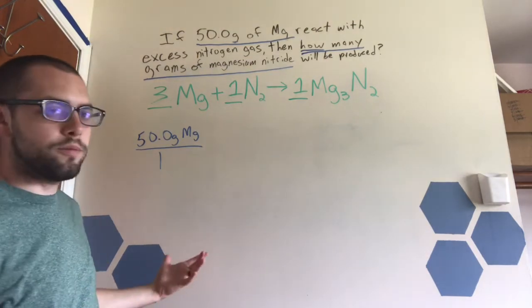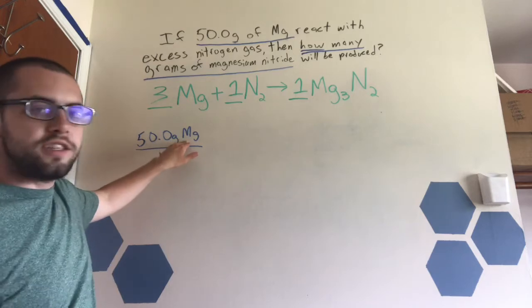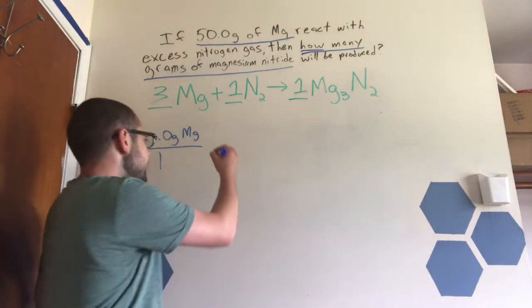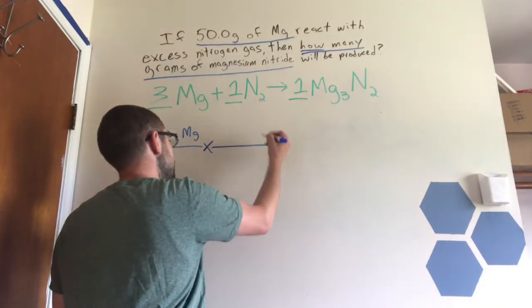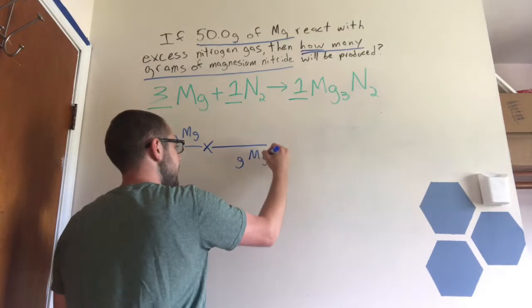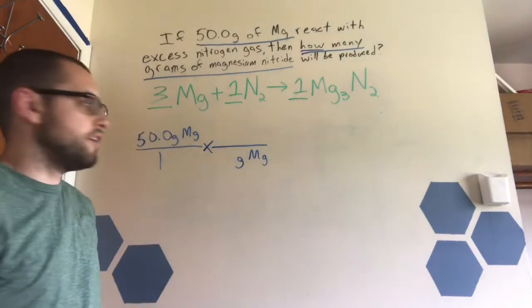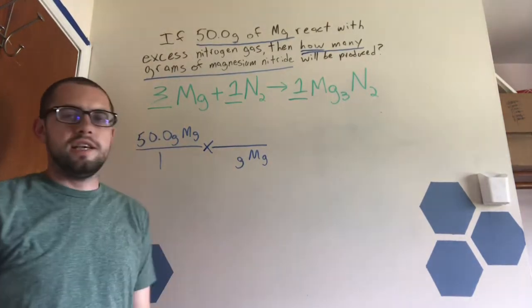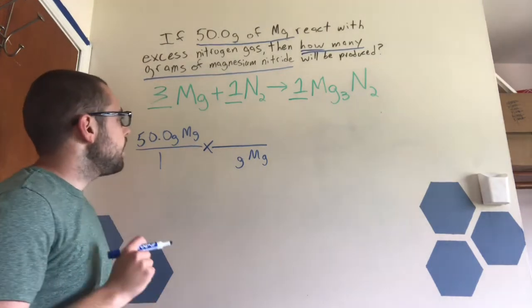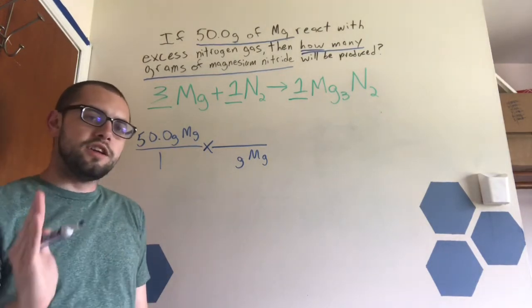Now, I know that this unit is going to end up getting canceled out. So what I like to do is take that unit, already go ahead and carry it down to the denominator. Grams of magnesium. I know that'll get canceled out. Eventually, I need to go over the mole bridge.